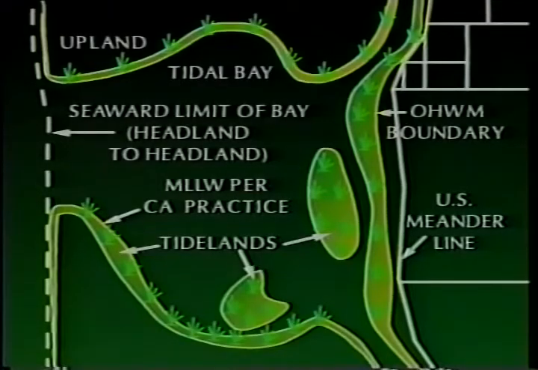Sovereign lands, in addition, are burdened by a trust on behalf of the general public. California has not sold any of its sovereign lands since a constitutional prohibition early in the 20th century. Some state patents, however, were issued to tidelands, both on the open coast and tidal bays.